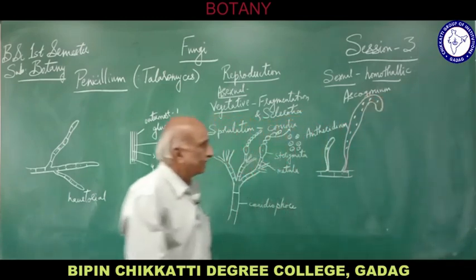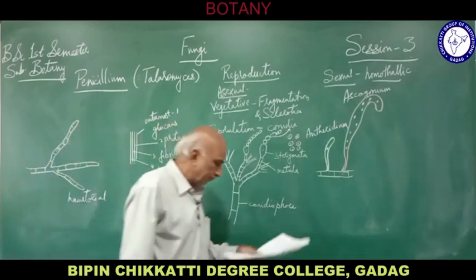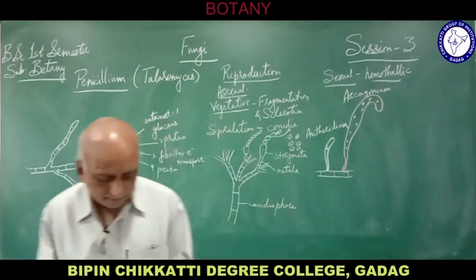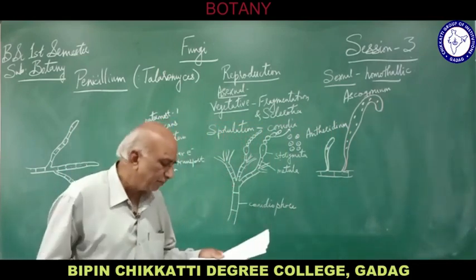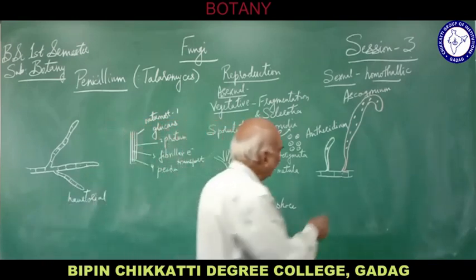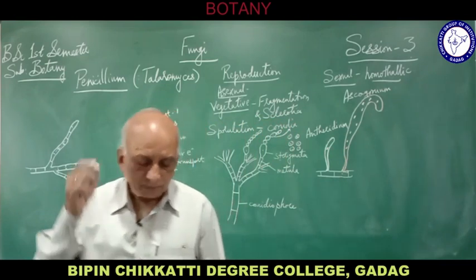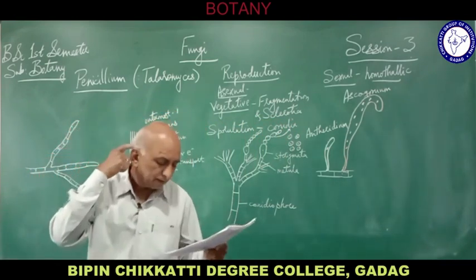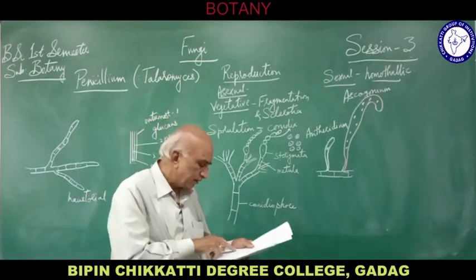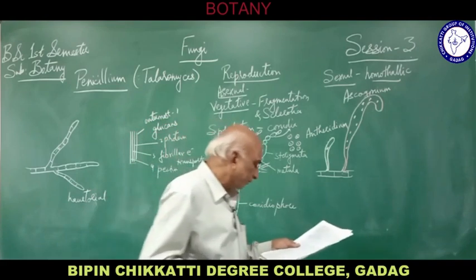We find such a kind of structure in the case of the ascogonium, which contains multinucleate cells. So how does the reproduction take place? The antheridial branch comes in contact with the ascogonium. The antheridial branch contacts the ascogonium, and here the wall of contact.